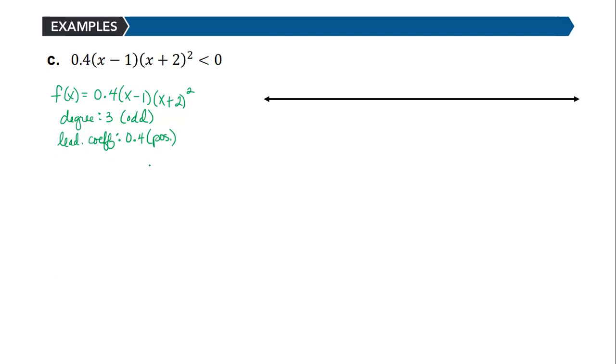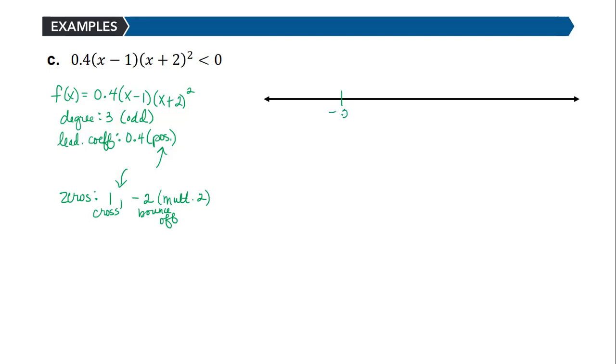So this tells me that the graph is going to go up to the right and down to the left. I also know that my zeros were 1 and -2, but -2 had a multiplicity of 2, right? It's even. 1 had a multiplicity of 1, so it's going to cross at the zero of 1, but it will bounce off at the zero of -2.